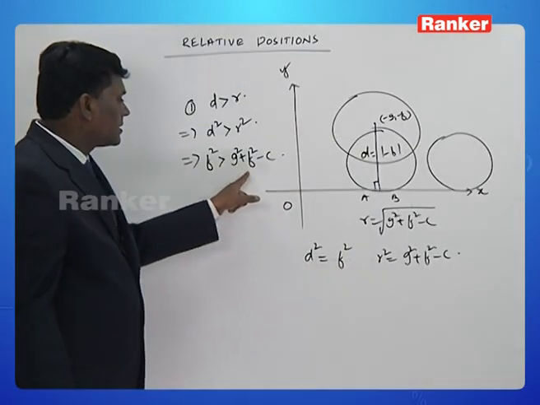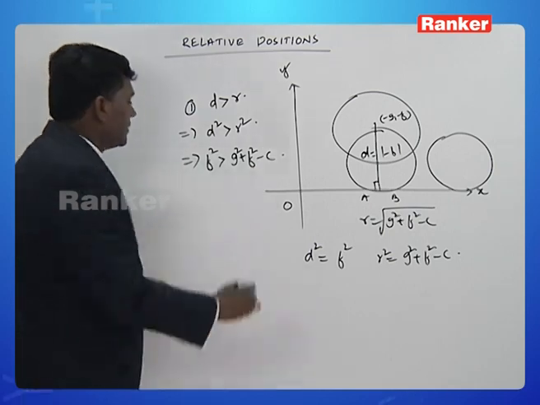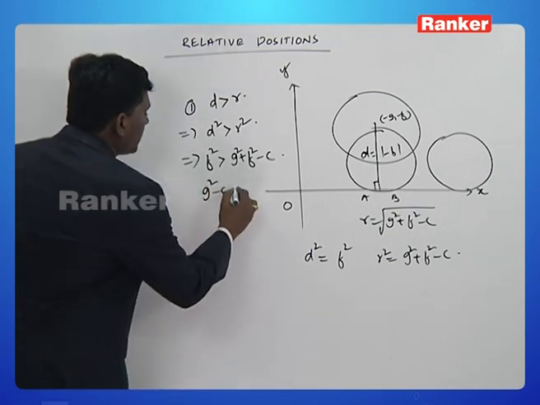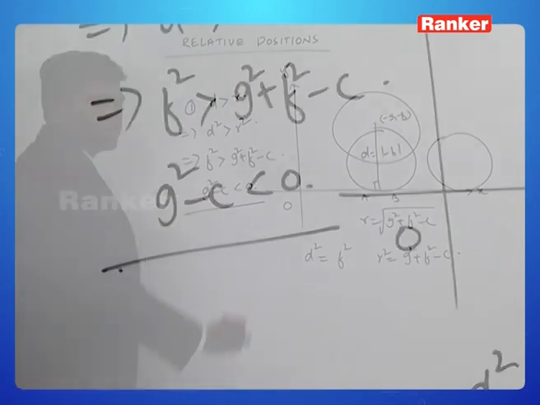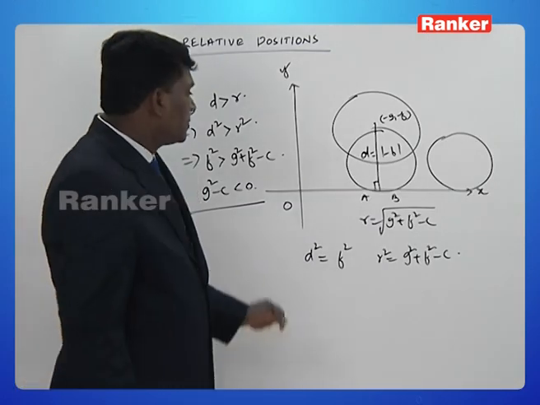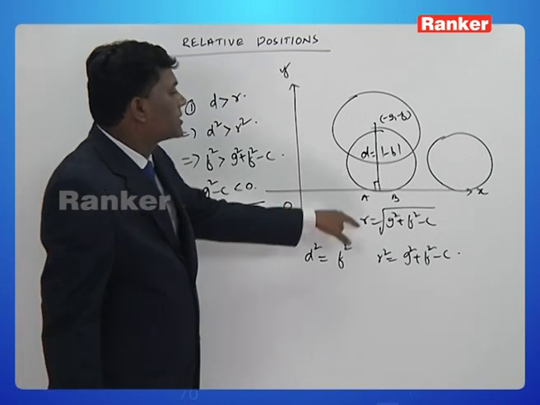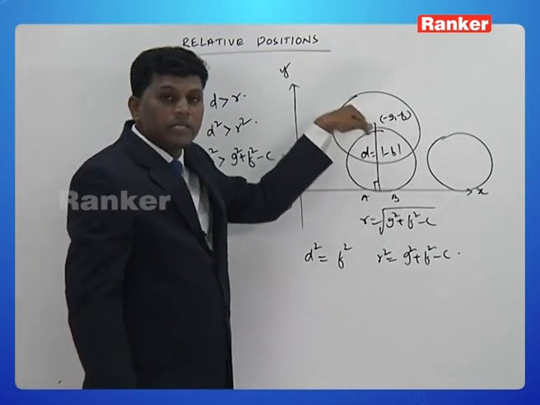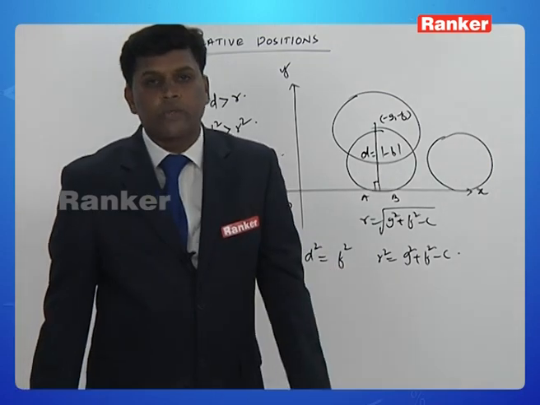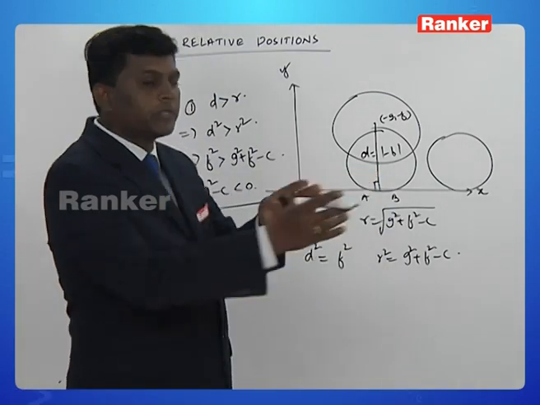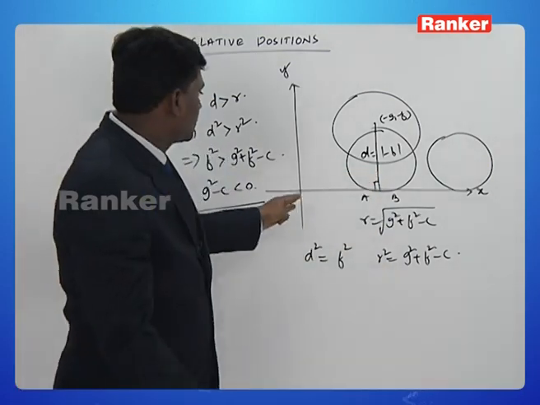Here we can cancel f square and f square, then you get g square minus c less than 0. So, if g square minus c is less than 0, d is greater than r, in that case the circle does not meet the x axis in real points. There is no common point between the circle and the x axis.